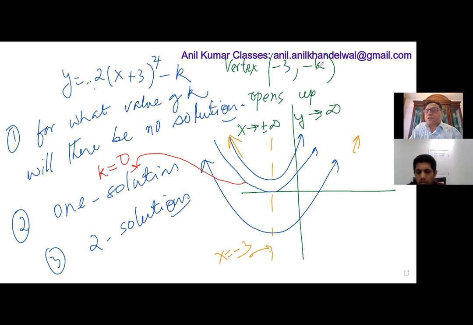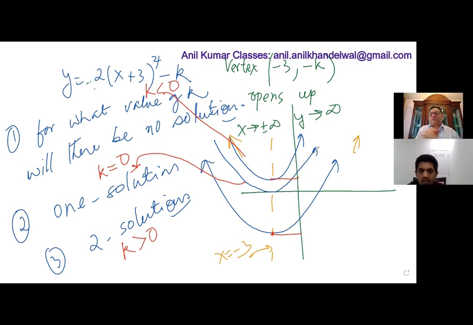Now, if k is a positive value, because it is minus k, then that is the value. So if k is positive, we have two solutions. So if k is greater than 0, we have two solutions, correct? And if k is less than 0, then that becomes positive, right?